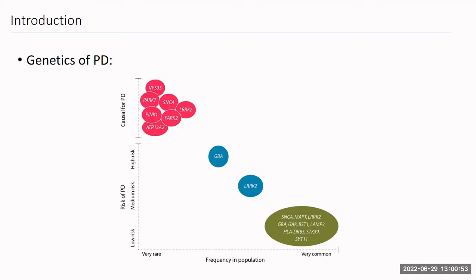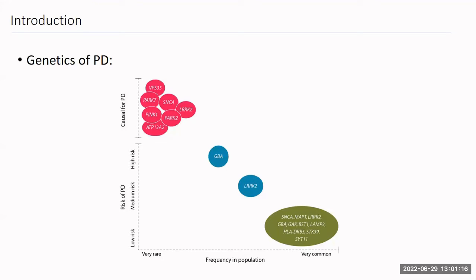As a geneticist, I'm interested in the genetic contribution to Parkinson disease. Genetic variation is estimated to contribute approximately 25% to the overall risk of developing PD. The genetic variants related to PD vary in terms of frequency and risk.